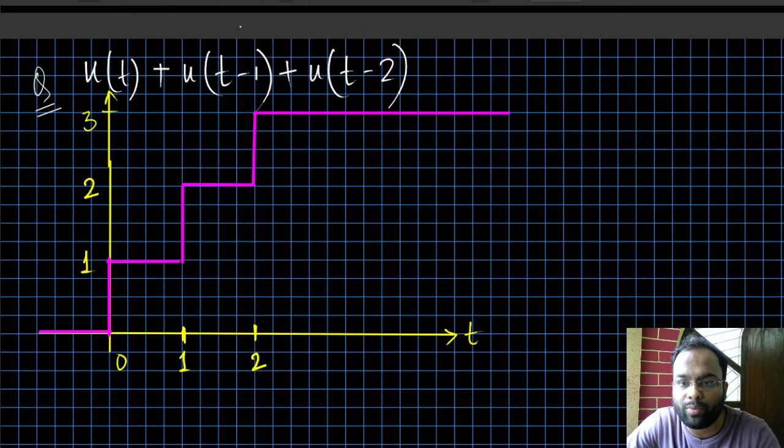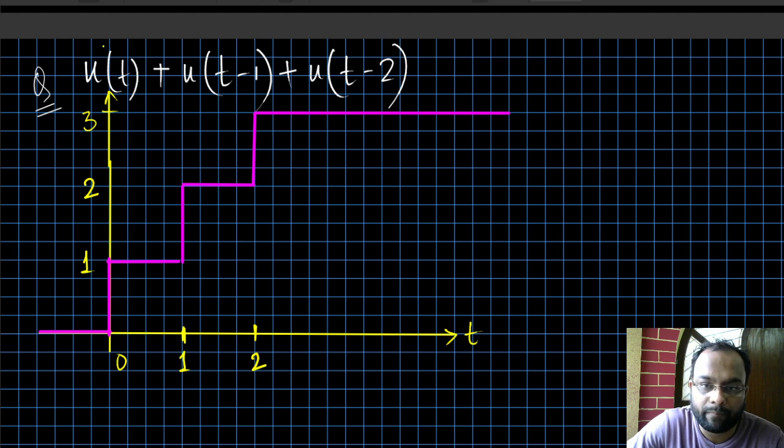If you look carefully here, what is happening is for this signal u(t), the value of u(t) is 1 after t equal to 0. But the value of u(t-1) is 1 after t equal to 1, and the value of u(t-2) is 1 after t equal to 2. Right?